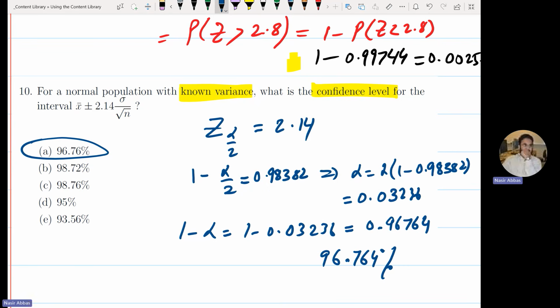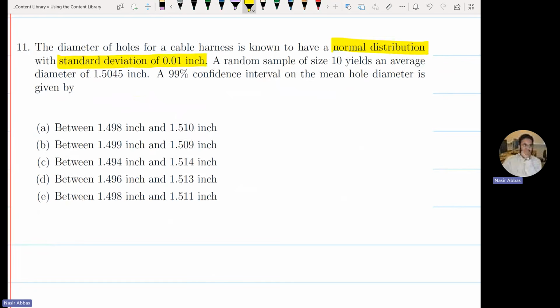Next question. The diameter of holes of a cable is known to have normal distribution. The standard deviation is 0.01. Is it the sample standard deviation or population standard deviation? Because it is in continuation to normal distribution, it is population. A random sample of size 10 gave me the average.